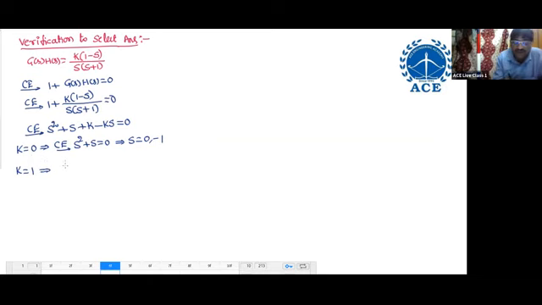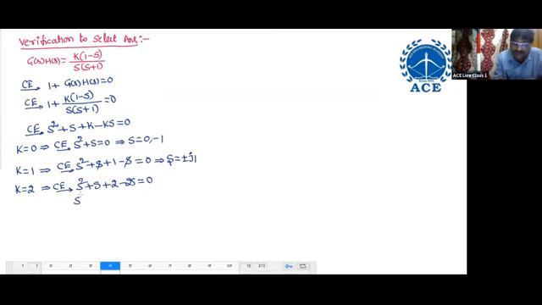So k equal to 1. What is the characteristic equation? s square plus s plus 1 minus s equal to 0, so s square plus 1 equals 0. Then s equal to plus or minus j1. K equal to 2: the characteristic equation is s square plus s plus 2 minus 2s equal to 0.